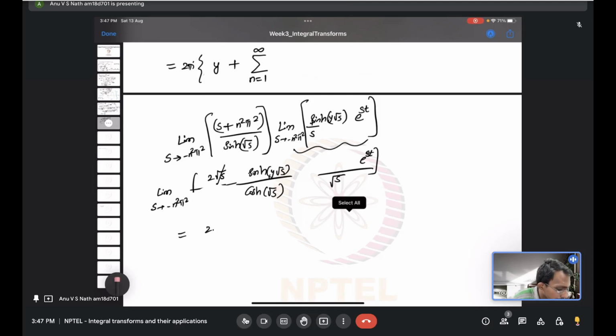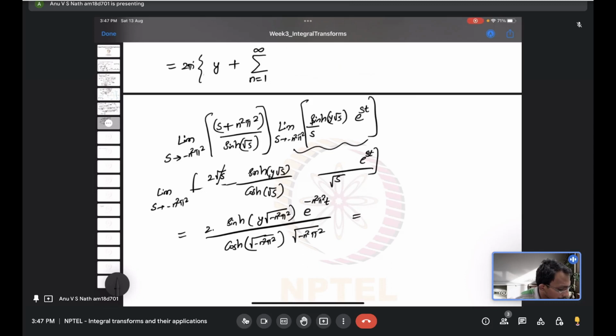So it will be just sinh y into square root of minus n square pi square into exponential of minus n square pi square t divided by cosh root s, that is root of minus n square pi square times root of minus n square pi square.